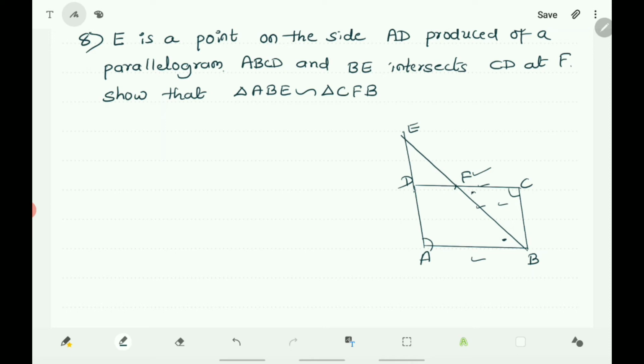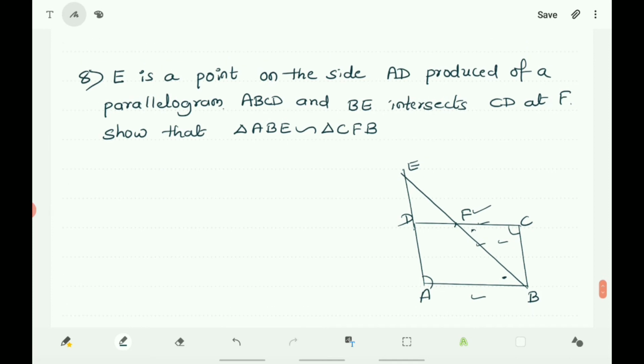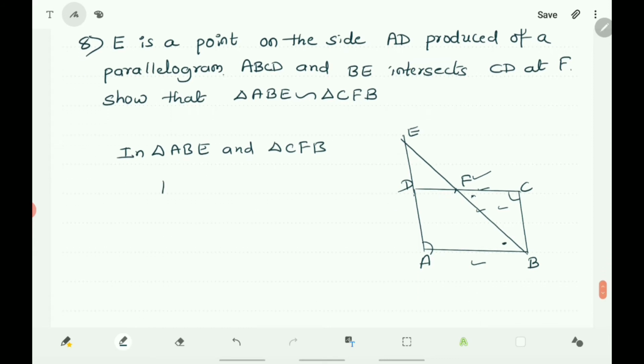So write in triangle ABE and triangle CFB, angle A is equal to angle C. Why? Opposite angles of parallelogram. Write the words opposite angles of parallelogram.